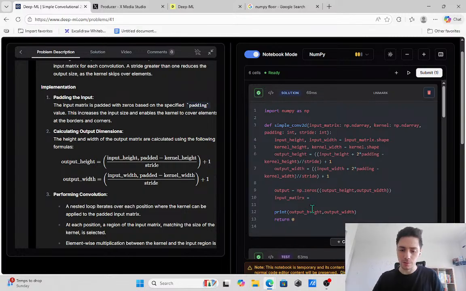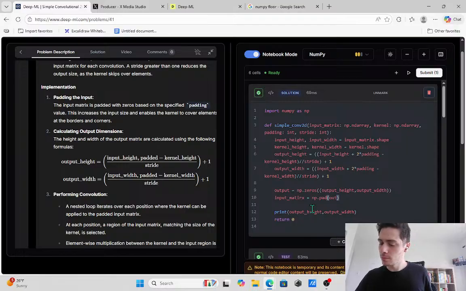Input matrix equals np dot pad output. Okay. Pad that output.